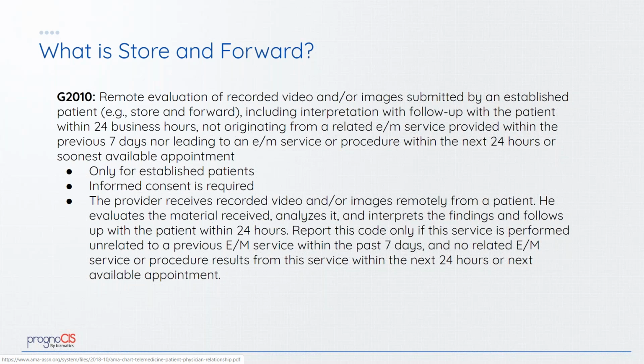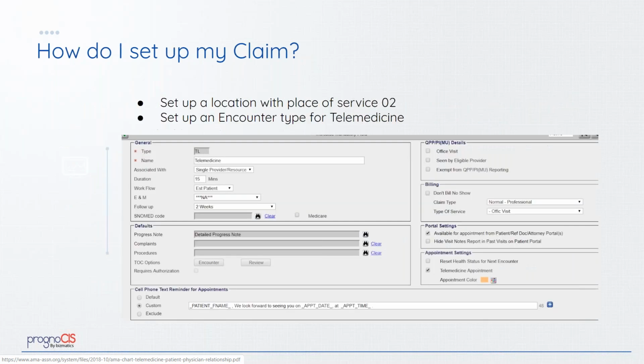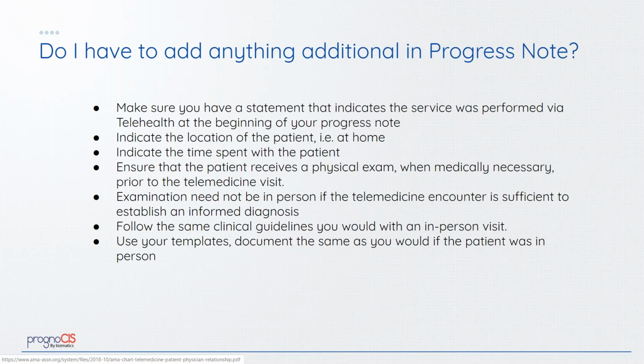Okay. And Kristen, can you please show the slide for things to add in the progress note? Maybe you can go over that again. Yes. In this slide, the most important thing is the statement that the service is telehealth or over video. Make sure you mention the location of the patient, if they're at home, at the hospital, or in a skilled nursing facility.